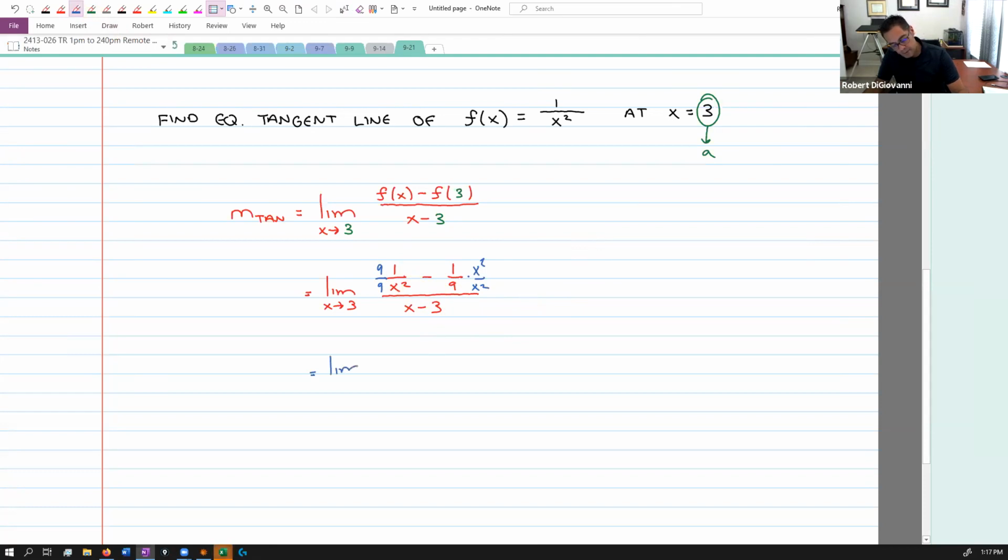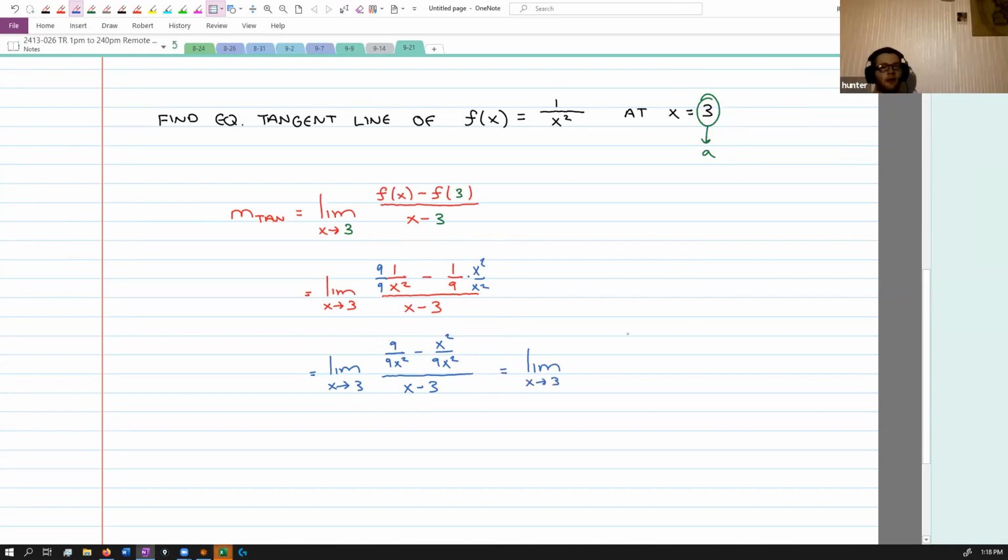When I do that, I'll get 9 over 9x squared minus x squared over 9x squared, all over x minus 3. I'm just showing that step because I want everyone to realize that now you can put them together, because they have the same denominator.